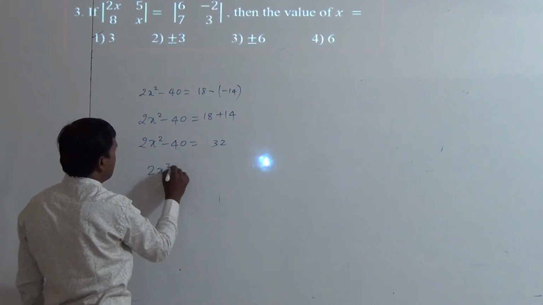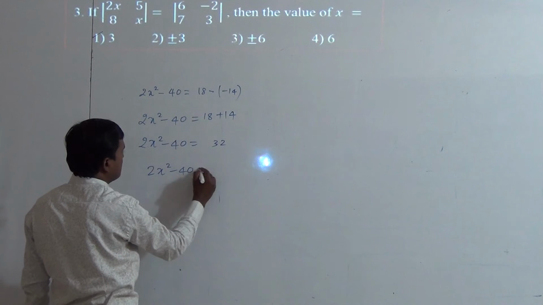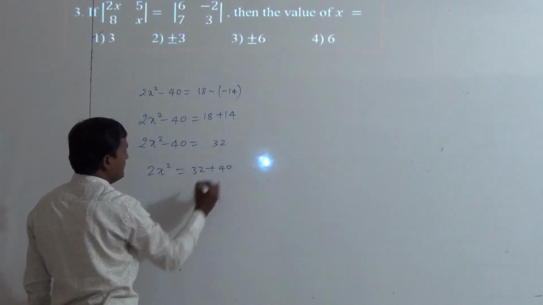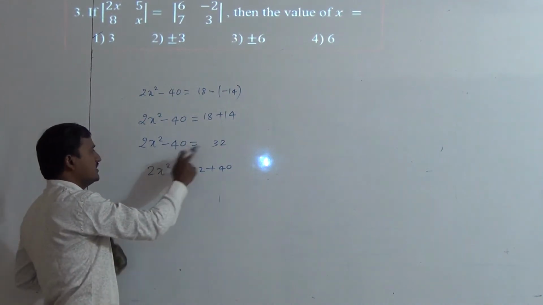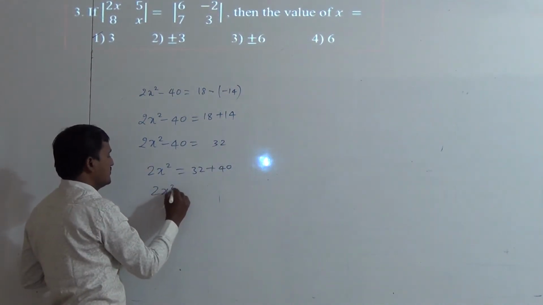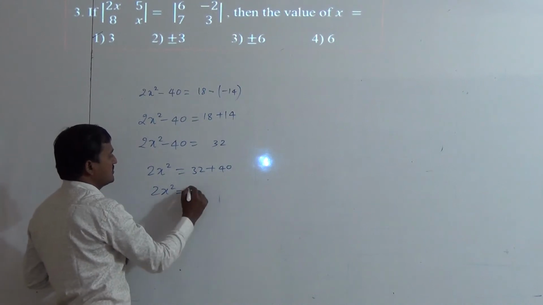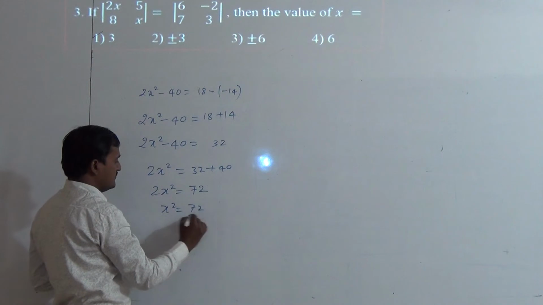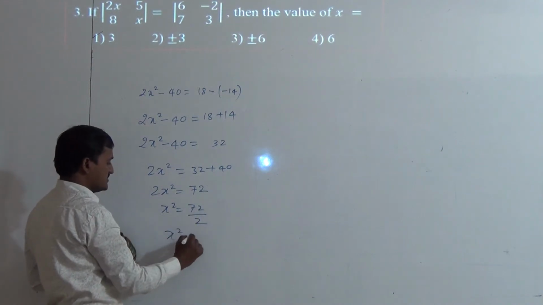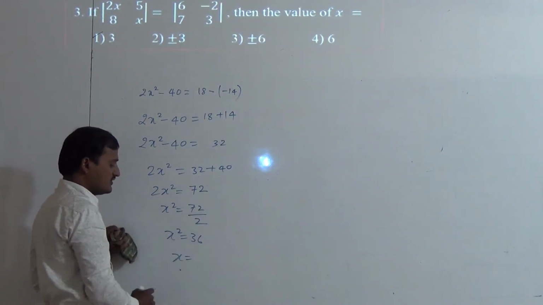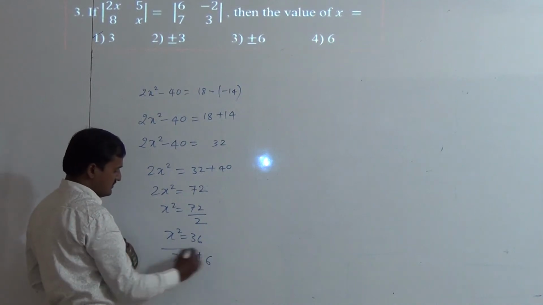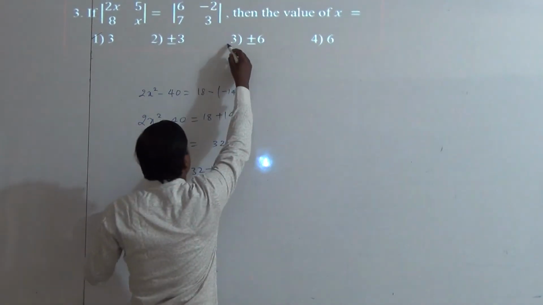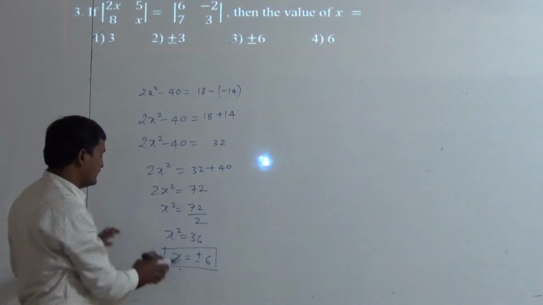So 2x square is equal to 32 plus of 40, right? So take this minus 40 to this side. So clearly it is 2x square is equal to 72, or x square is equal to 72 divided by 2. X square is equal to 36. What is the value of x? The value of x equal to plus or minus of 6. So therefore the third option is the right one. Okay, we'll go for next question.